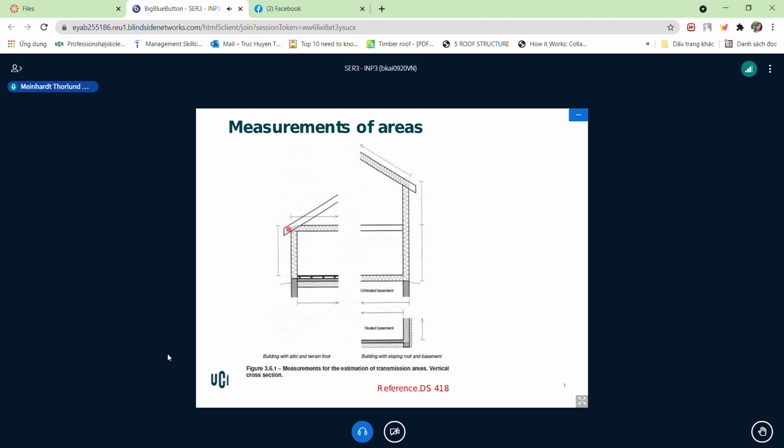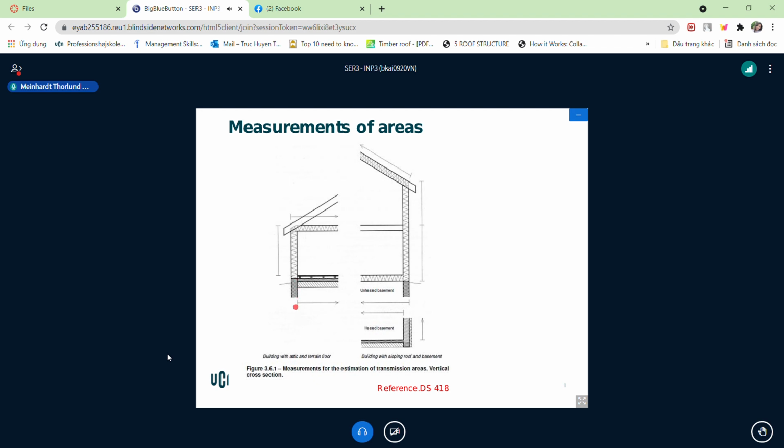So basically, we include the exterior wall and we include the upper part of the construction of the attic or the ceiling. The same, you stop at the top of the wall and you go all the way. If there's an unheated basement, all the way to the bottom. If it's a heated basement, you only go measuring from the top of the floor.